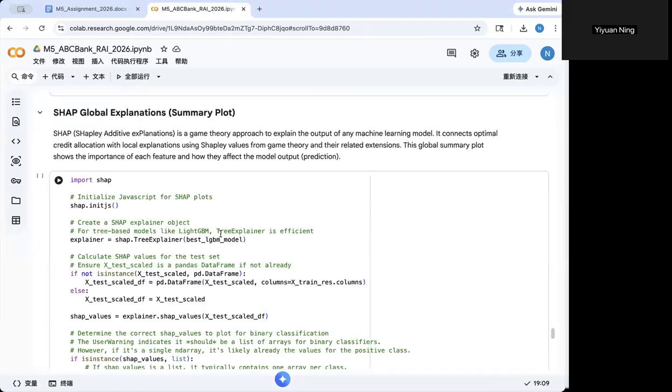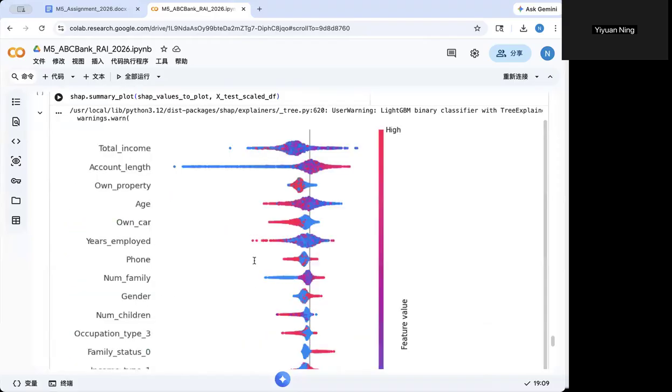To interpret the model, I used SHAP global explanations. This summary plot ranks features by importance based on their average absolute SHAP values. The most important features are total income, account length, own property, and age, which means these variables have the strongest impact on the model's predictions.